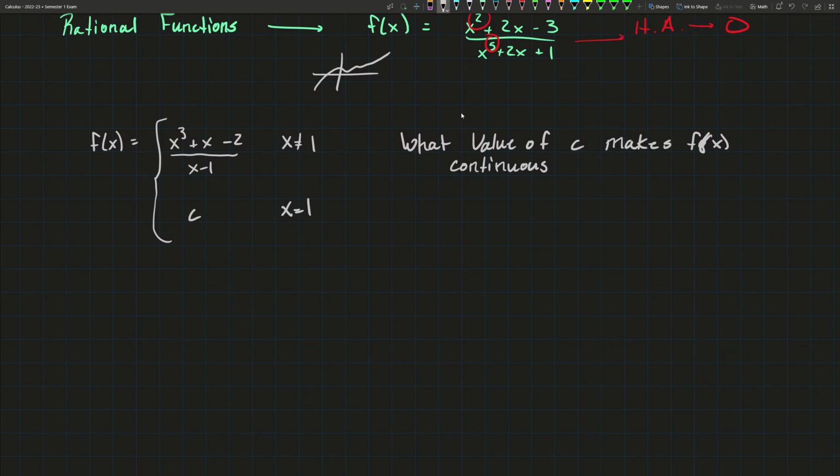So all you would do is take the thing that's not equal to 1 and set it equal to the other thing. But it has to be equal to the other thing when x is equal to 1. So we'd plug 1 into x. We're going to run into a problem, though. So there's a little bit of work we've got to do.